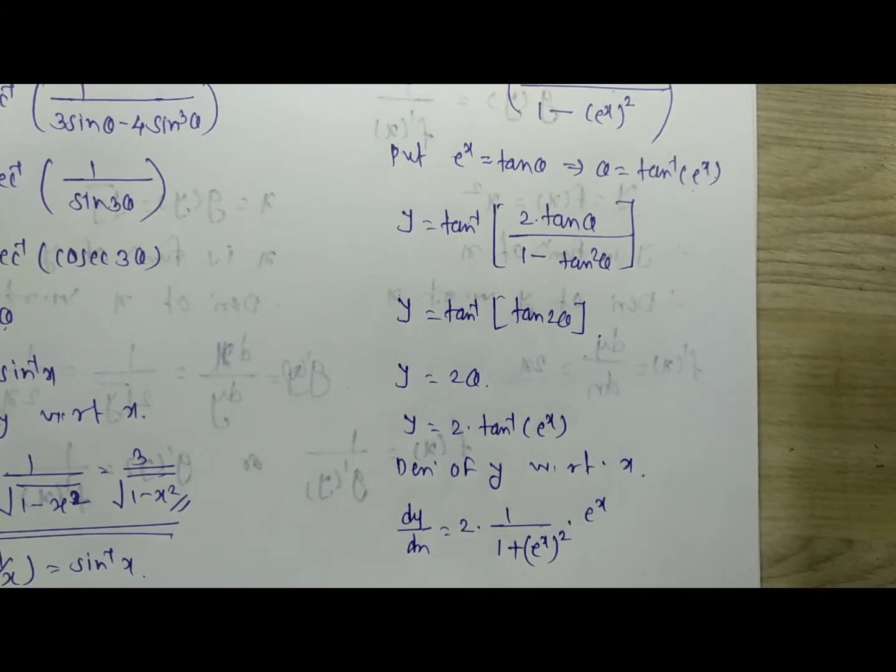Therefore 2 into e raised to x divided by 1 plus e raised to 2x is the derivative of that expression, which is nothing but 2 e raised to x divided by 1 plus e raised to 2x.